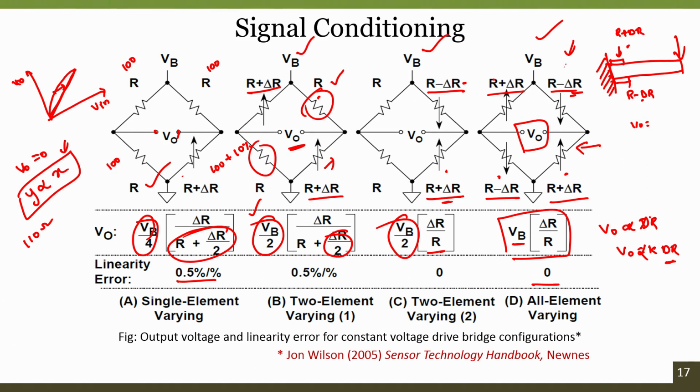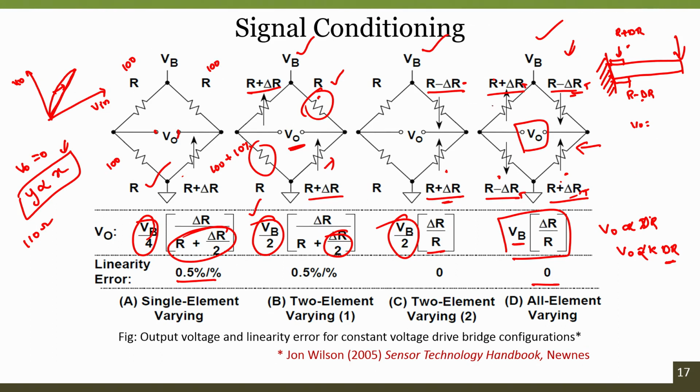One, nonlinearity error is solved. At the same time, since we are utilizing all 4 resistances and all 4 are varying, any effect due to the temperature will also be compensated. If the change in the resistance is due to the temperature, where delta R is now because of delta RT, all the elements, if this is a strain gauge, will have a positive change in resistance.